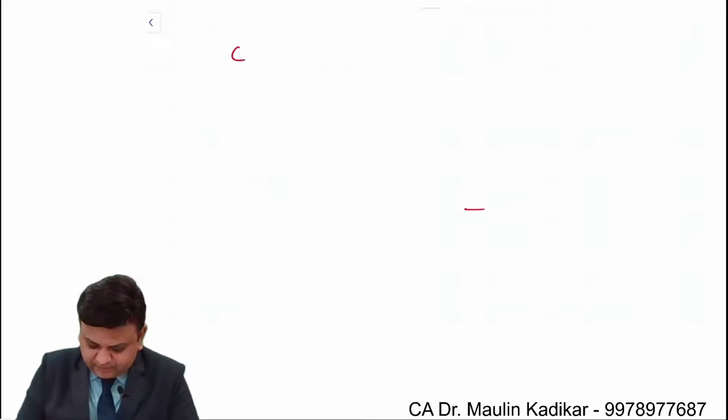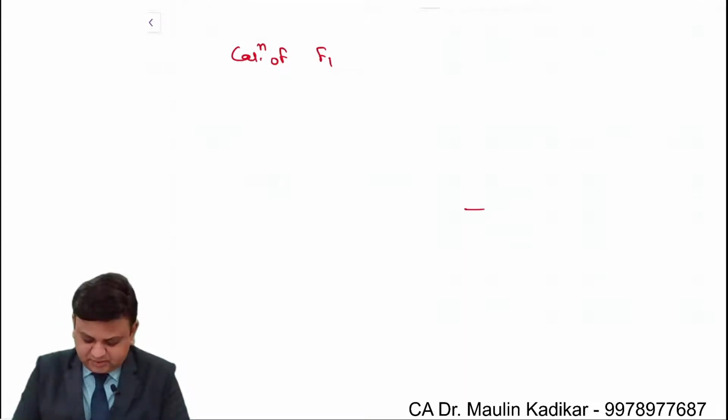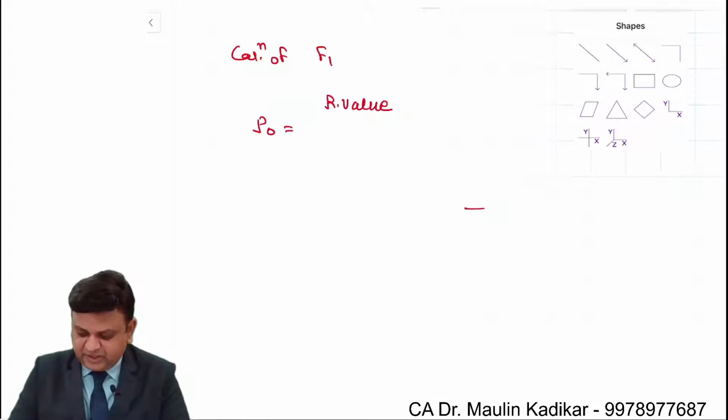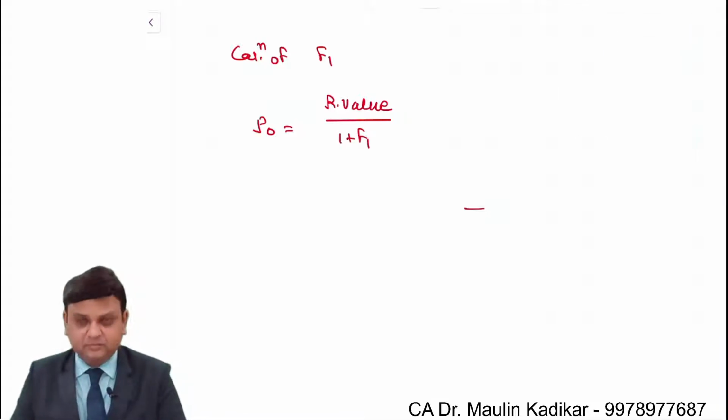Calculation of F1. It will be found like this: P0 is equal to redemption value divided by 1 plus F1. That is the way we are required to calculate the answer.